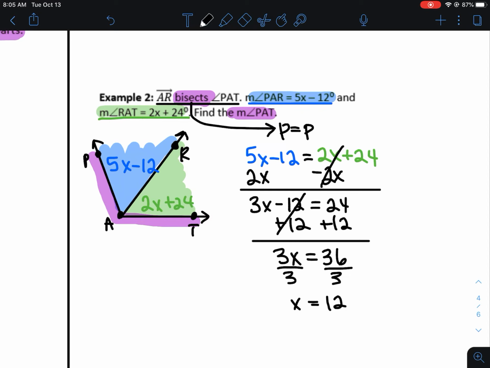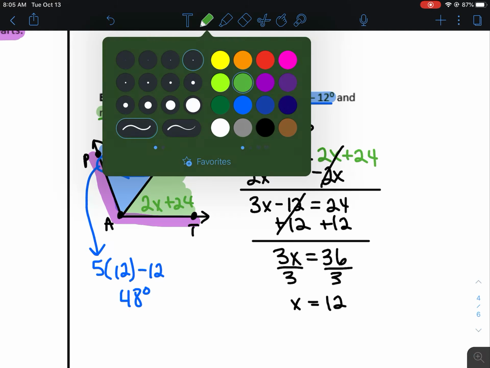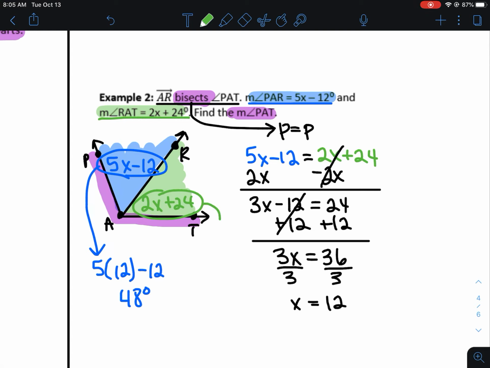All right, now that we have established that, we need to plug it back in. And we're going to need to plug it back into both. So I have the 5x minus 12, so that's 5 times 12 minus 12, which is going to give us 48 degrees. And then the second angle, that was 2 times 12 plus 24, which is also 48 degrees.